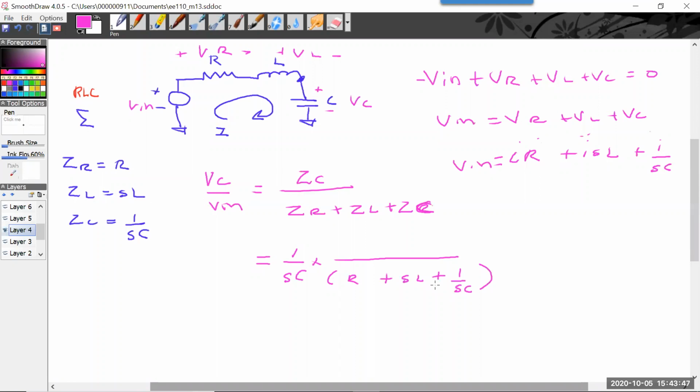Now, this is a mathematically valid equation. And for instance, if I were to ask you what is the transfer function of this on an open math exam, it would actually mark it correct. But it's not really in the transfer function format, and it really has to be in that format.